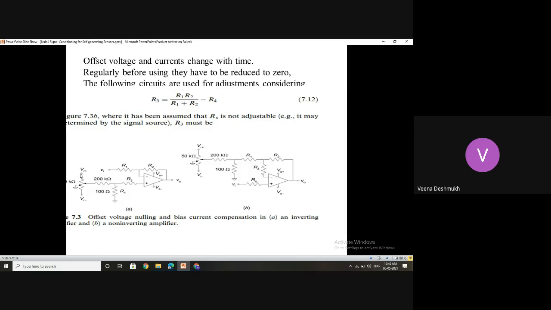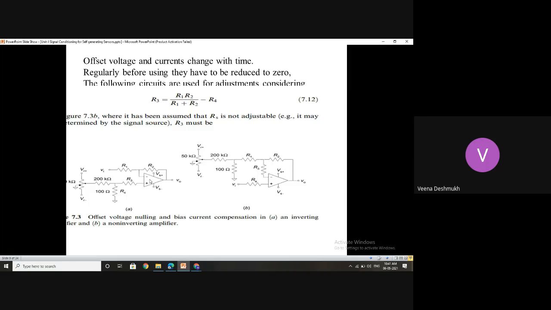Because of that, we make use of both positive and negative terminals, and the central variable terminal of the potentiometer is connected to this positive terminal, so that we are reducing the bias current which is getting connected to the non-inverting terminal in the first case, and in the second case to the inverting terminal. By varying the supply or the bias current to these terminals respectively, we can reduce the final output.